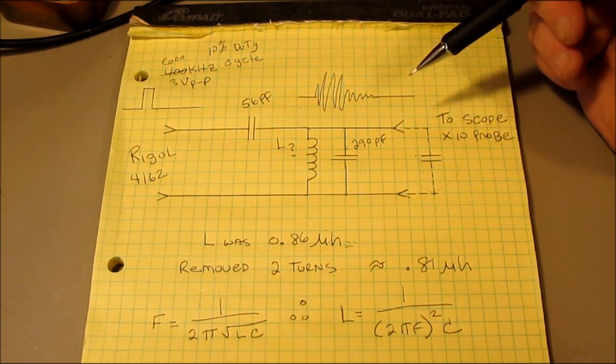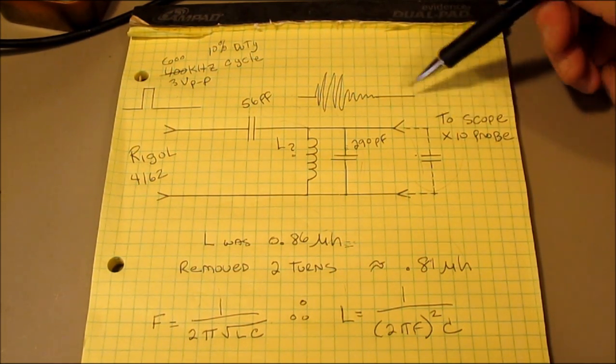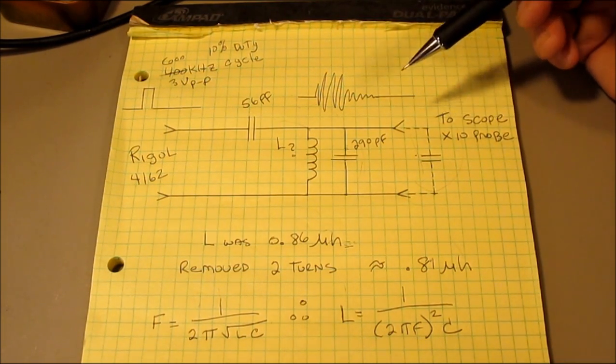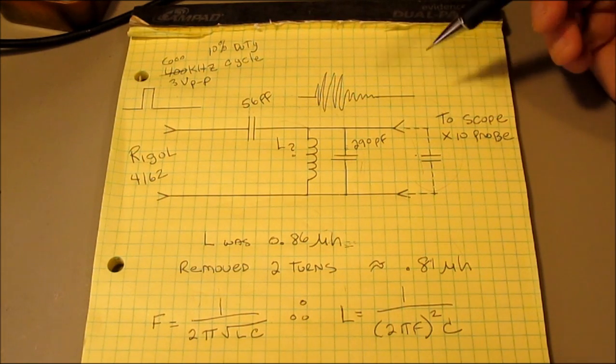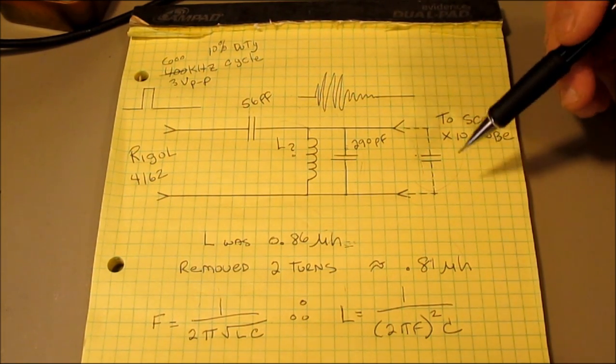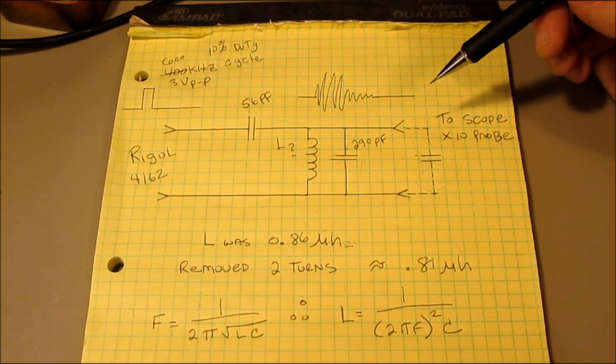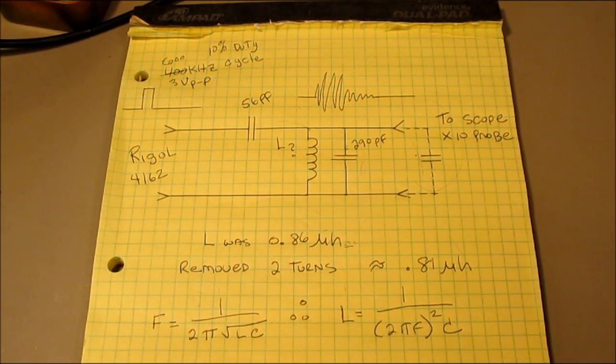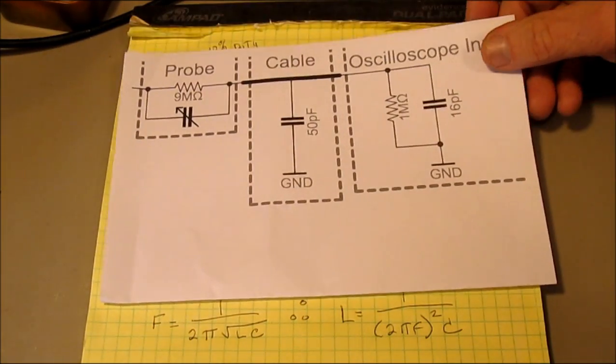And then at the end, I'm going to take the scope probe and go from ×10 to ×1, and let you see the effects on the resonant frequency of the ringing, the oscillation.